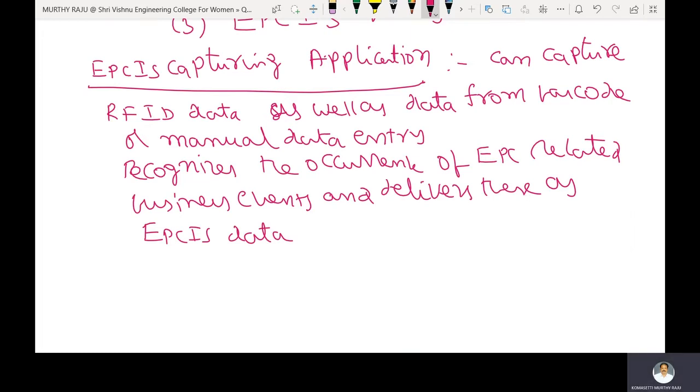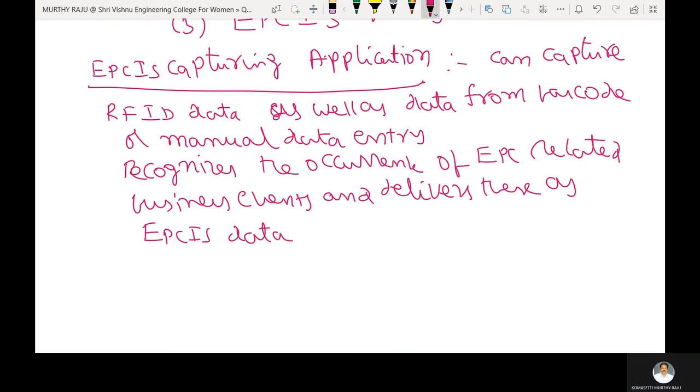The tags are attached to products. Some of the products are moving in nature, some of the products are standstill in nature. That means they do not move. With the help of readers, extract that information.